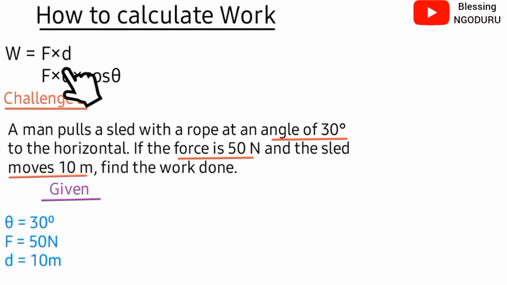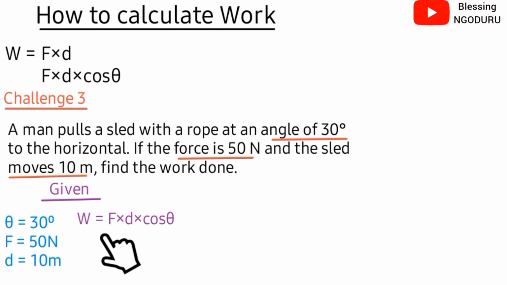These two formulas represent the formula for work. In our question, we are given angle theta, so the second formula has theta. We are given force, which the second formula also has, and D being the distance. So the most suitable formula to apply here is this one, that is, work done equals force times distance times cos theta.